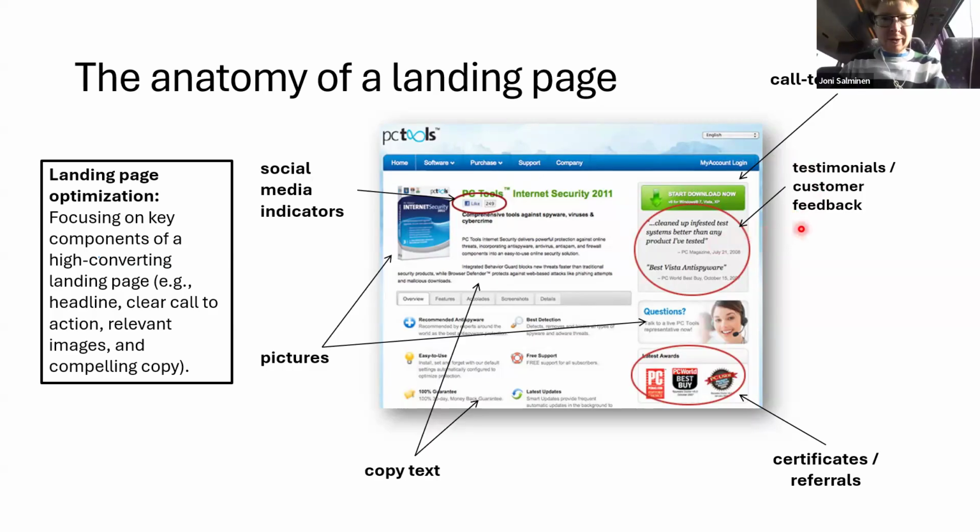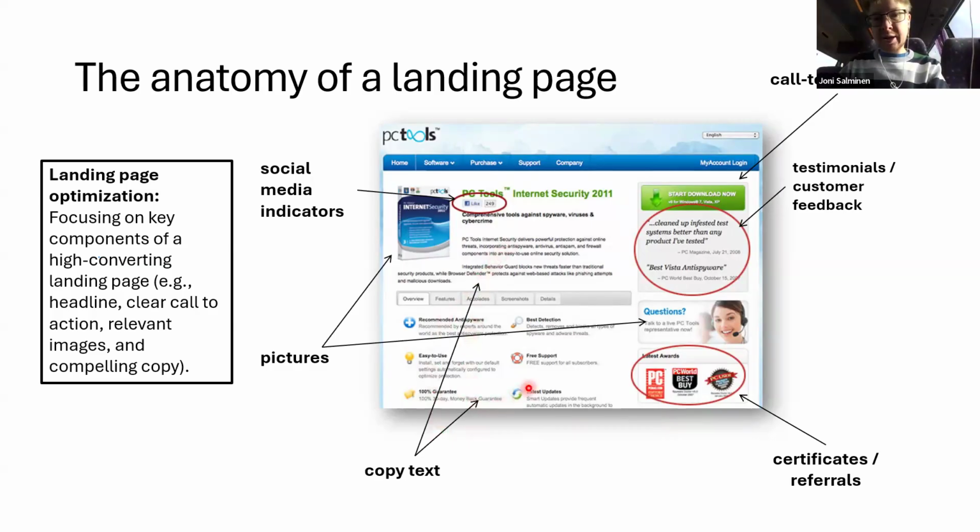Testimonials are a type of word of mouth. So word of mouth again is very effective. So you want to include the testimonials. You have certificates or logos, these trust indicators that make people trust the content and the website more. Then you have copy text.